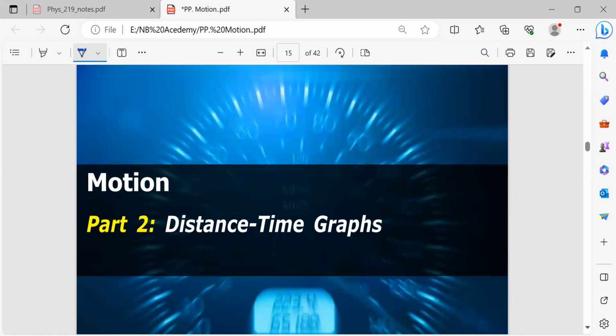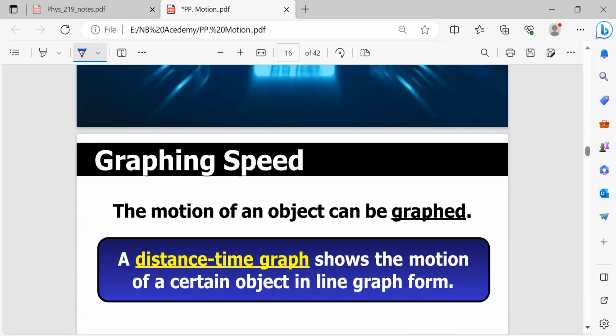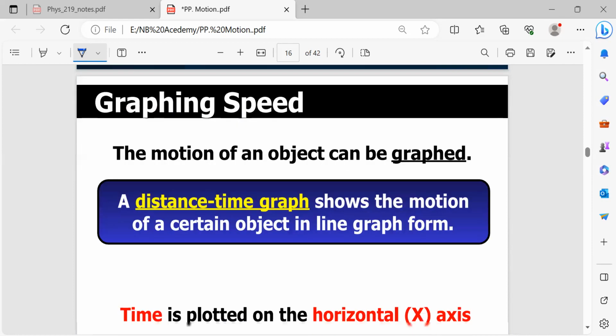Okay, in this part, we're going to discuss distance time graphs. The slope of distance time graphs represents speed. The motion of an object can be graphed. Distance time graph shows the motion of a certain object in line graph form.